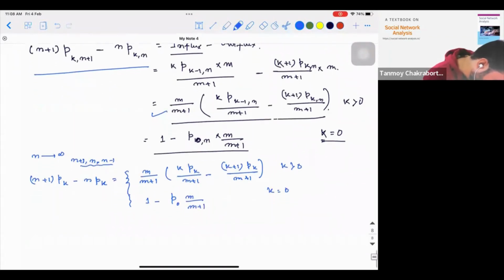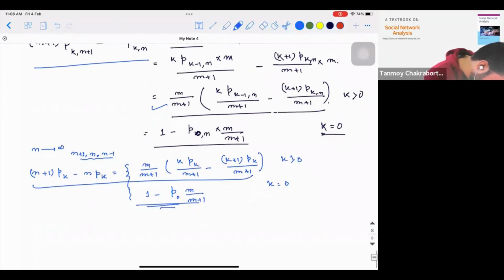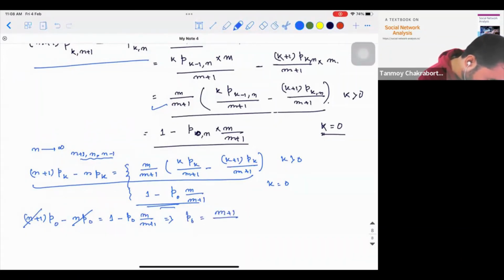So let's consider this separately and this separately. Let's consider the second equation first. So this would be (n+1)p0 minus n p0 equals (1 minus p0) n by (n+1). Okay, this part will cancel out. If you derive, you get p0 equals (m+1) by (2m+1).